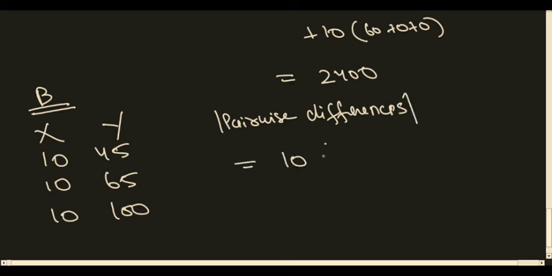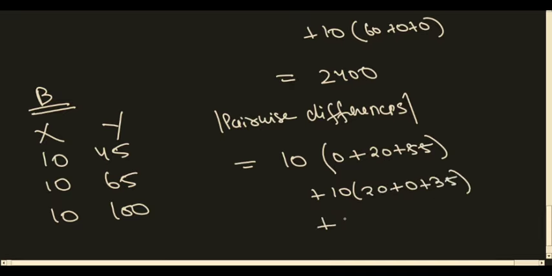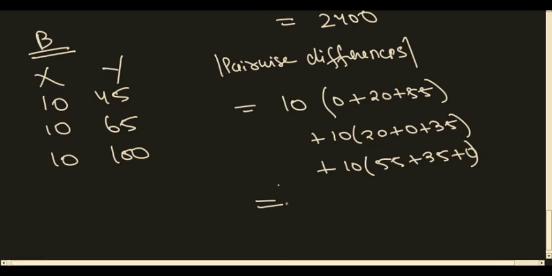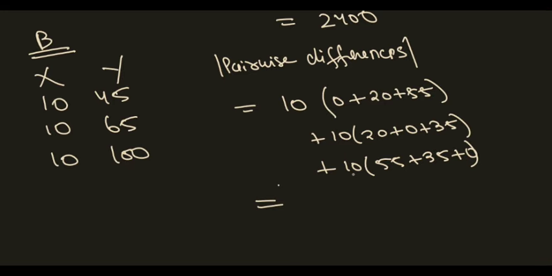This comes out to be 0 plus 20 plus 55, plus 10 into 20 plus 0 plus 35, plus 10 into 55 plus 35 plus 0. Now this comes out to be 2200.